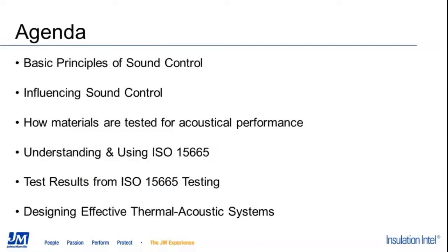Then we'll look a little more specifically at some standards-related information and talk about the ISO 15665 standard, and then review results from testing that Johns Manville has done with our materials to achieve conformance to those requirements, and then end with a very brief discussion about designing an effective thermal and acoustic insulation system.